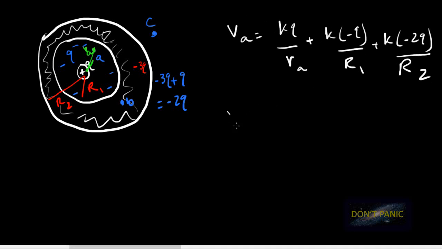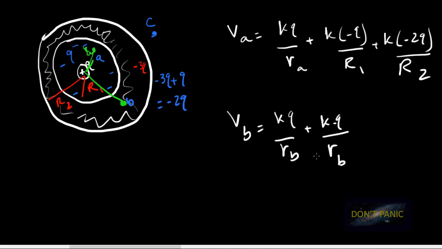The potential at B is going to be KQ over RB, where RB is this distance, plus K times negative Q over small rb, because you're outside this inner shell, and then plus K times negative 2Q over capital R2.